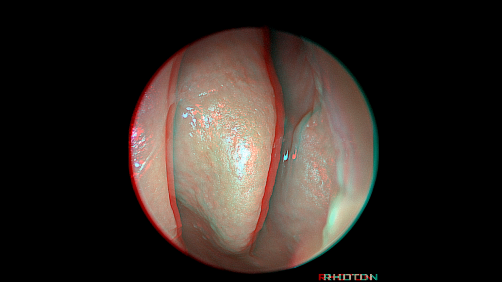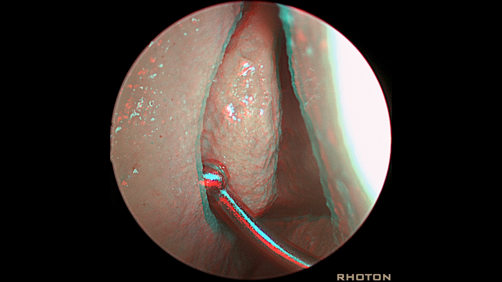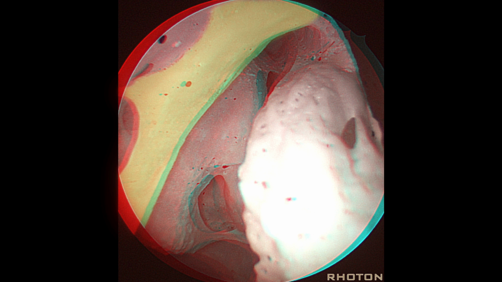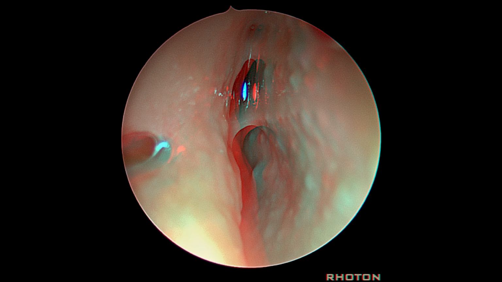If you look in back of this with an endoscope, we call this the semilunar hiatus. And this hiatus in back of the uncinate process is where you see the drainage of the frontal duct, some of the ethmoids, and if you follow the hiatus down, you see the drainage of the maxillary sinus.